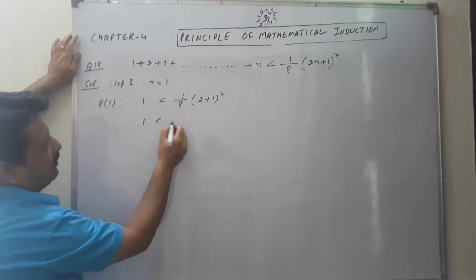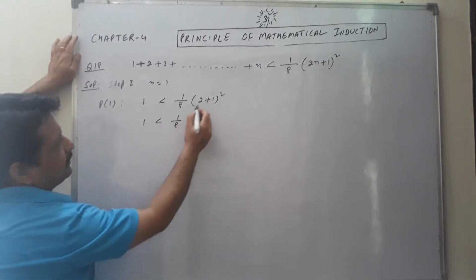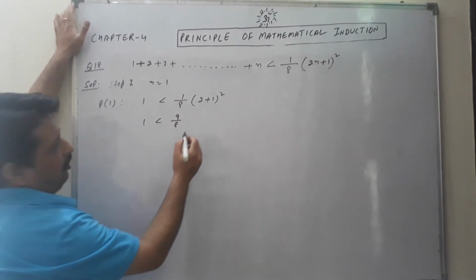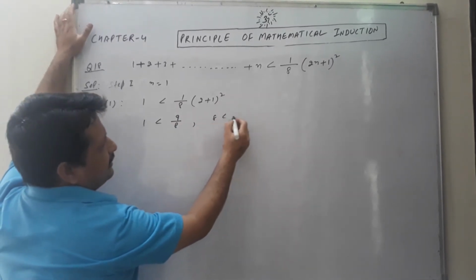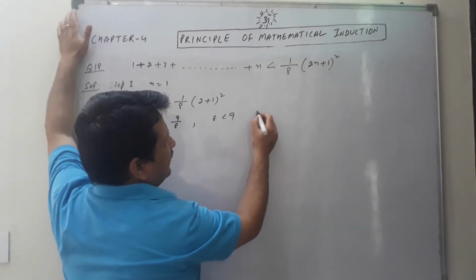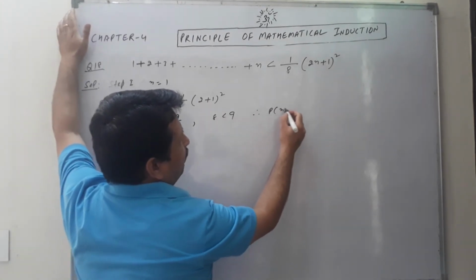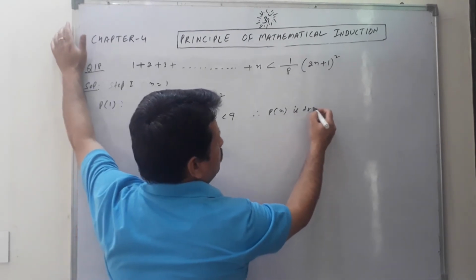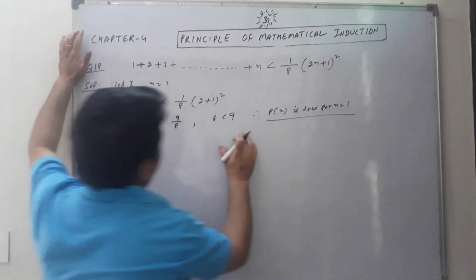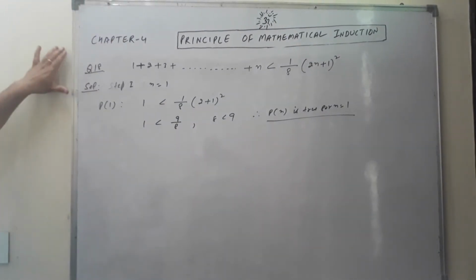So it will come as 1 is less than 1 by 8 into 9, or we can say that 8 is less than 9. So therefore we can say that P of n is true for n equal to 1. This is our step number 1.